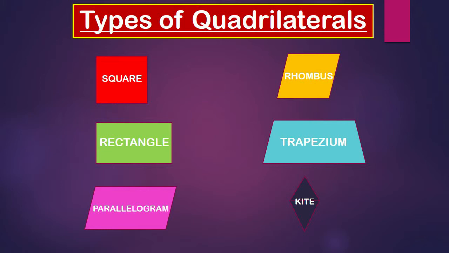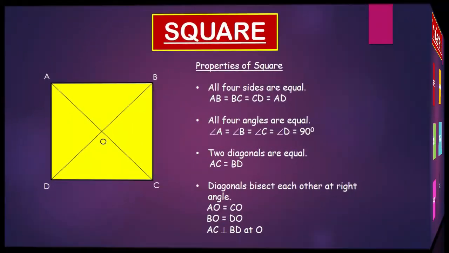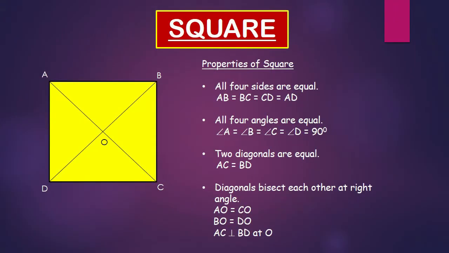Now let us see each type of quadrilateral one by one. The first quadrilateral is square. Square is the quadrilateral in which all the four sides are equal, all the four angles are equal, two diagonals are equal and diagonals bisect each other at right angle. Here ABCD is a square where AB is equal to BC, equal to CD, equal to AD. All four angles are equal.